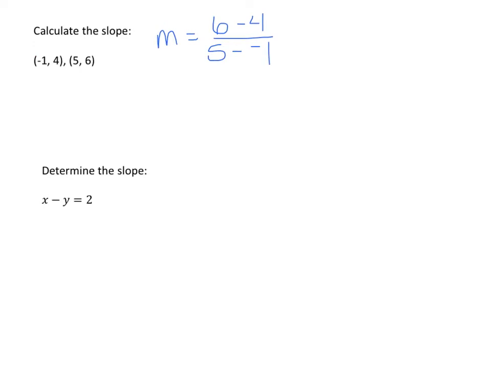Please notice, 6 came first here, so 5 had to come first here. It's always minus, and then the exact value shown for 4. This is negative 1. 6 minus 4, that's easy. 5 minus a negative 1, that's the same as plus a positive. And you always have to simplify.